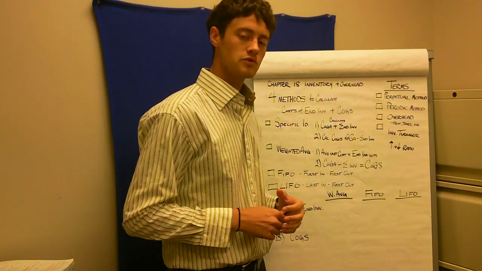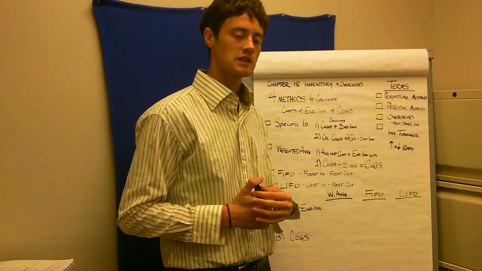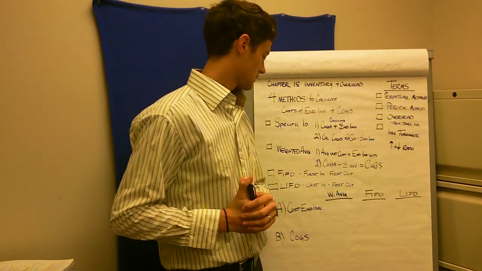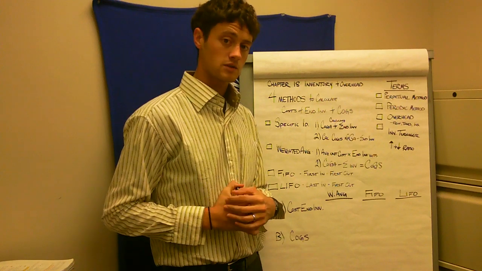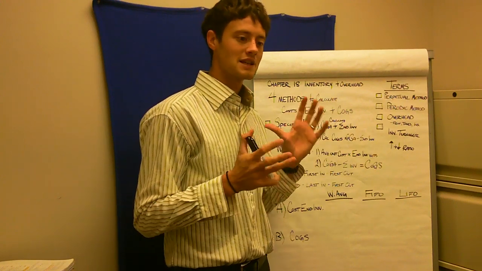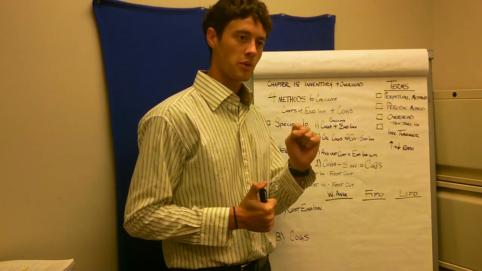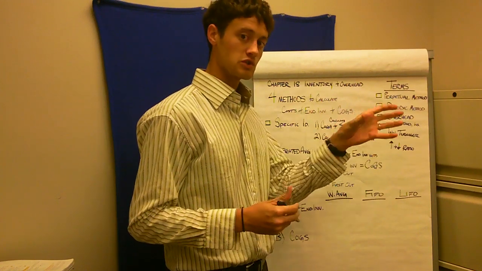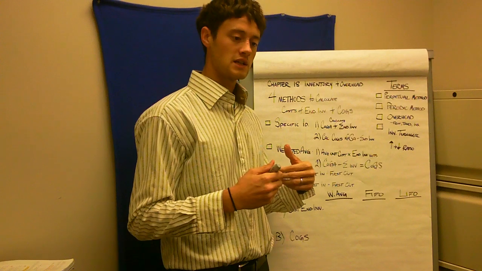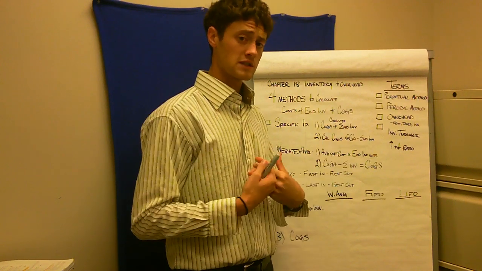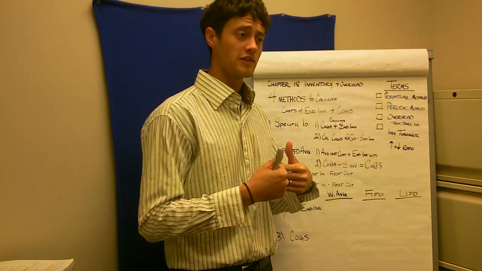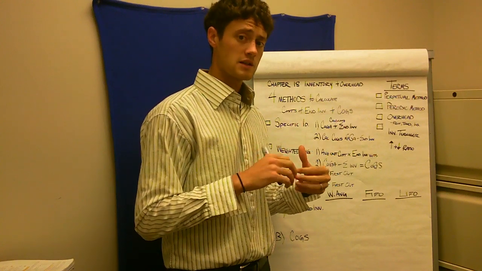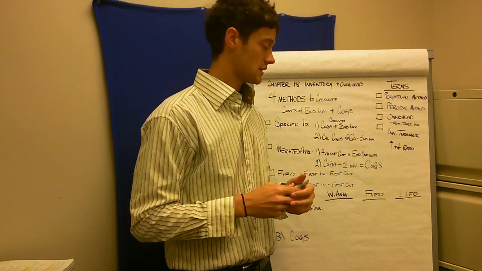So they also use two terms, FIFO and LIFO, first in, first out, last in, first out. And that just means it gives description of when the product was sold, which product was actually used from the shelf. So if it's first in, first out, so if we received a shipment today, it would be the very first thing we got off the truck. If we sold something, we'd give them one of those products.